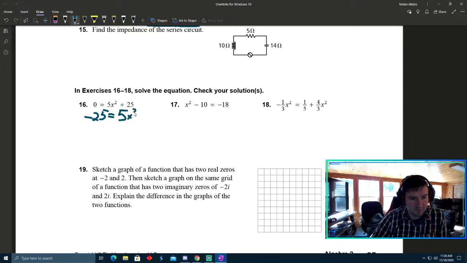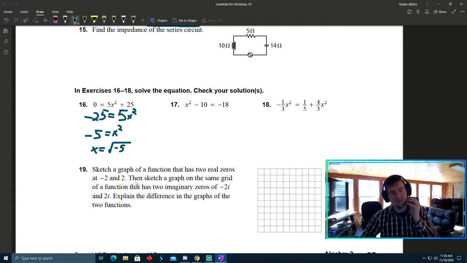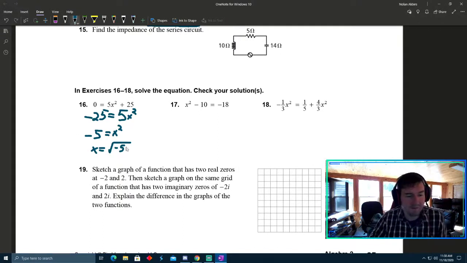So next thing we would do is divide by 5. So we'd have negative 5 over here equals x squared. And then you want to take the square root of both sides. So we'll have x equals the square root of negative 5. Which before we would say we can't do that, but now we know we can.